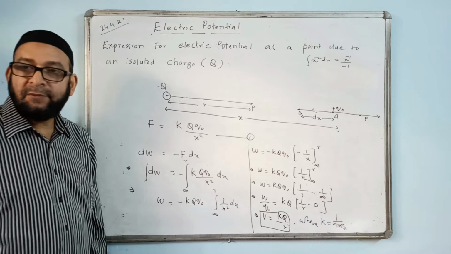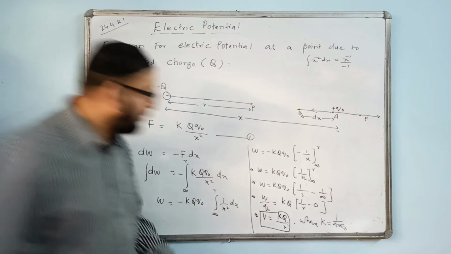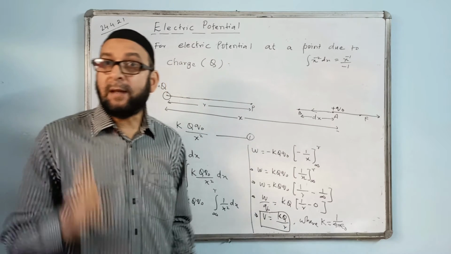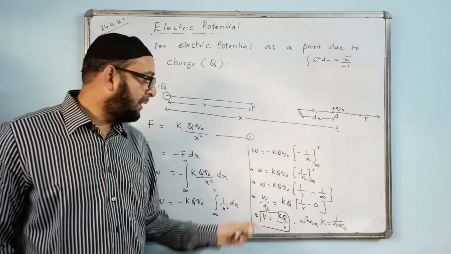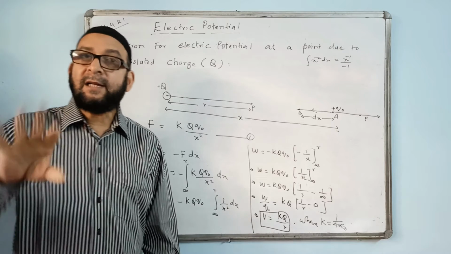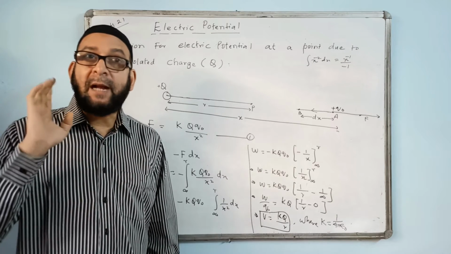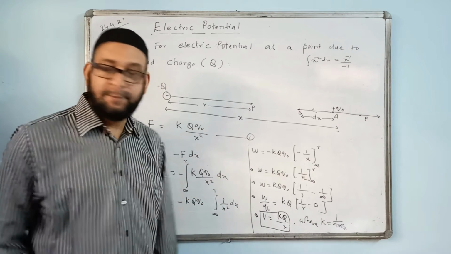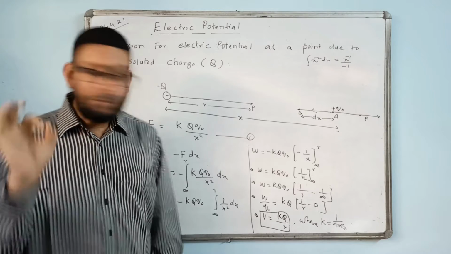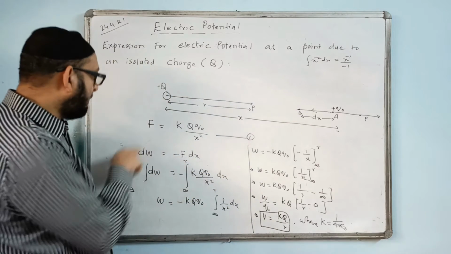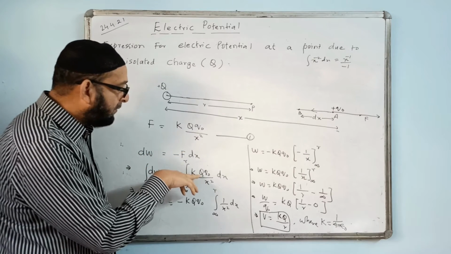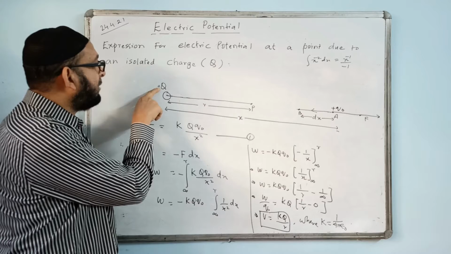What is the formula of electric potential? V is equal to kq by r. Kq by r only, no r square. Remember it. The electric field formula was kq by r square, and the electric potential formula is only kq by r without the square. The electric field was a vector because that was a kind of force, and this is a scalar. For the electric field we never took the sign of the charge, but here we will take the sign of the charge also, because the work done depends upon the sign of the charge also.